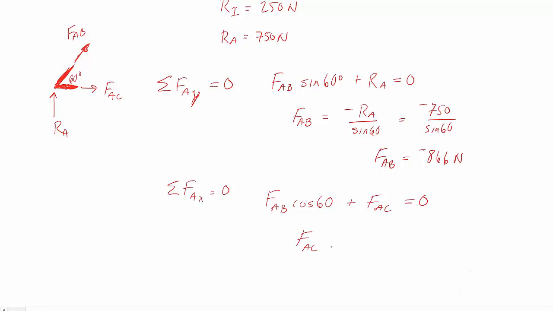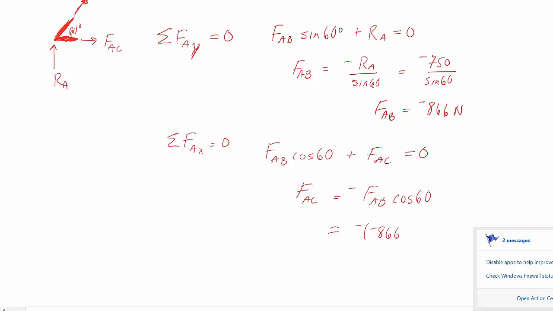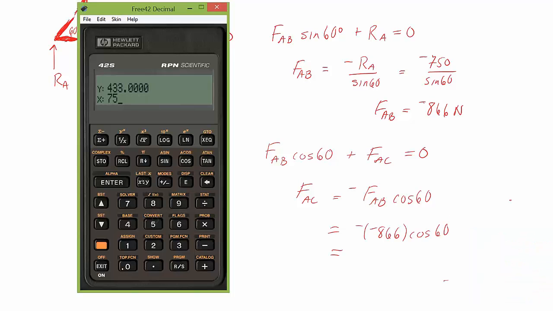So FAC is equal to negative FAB cos 60, which is equal to, well, negative of a negative, 750 over sine 60, times cos 60.